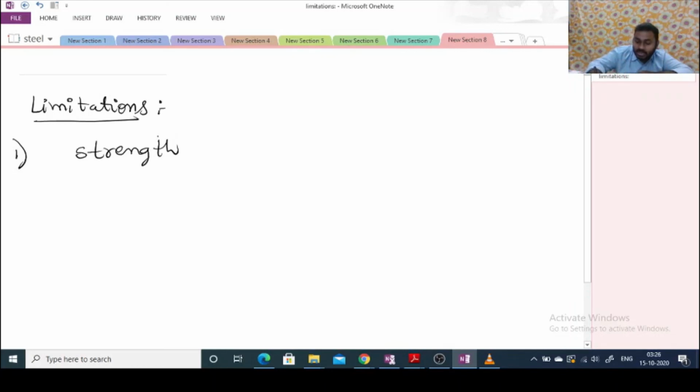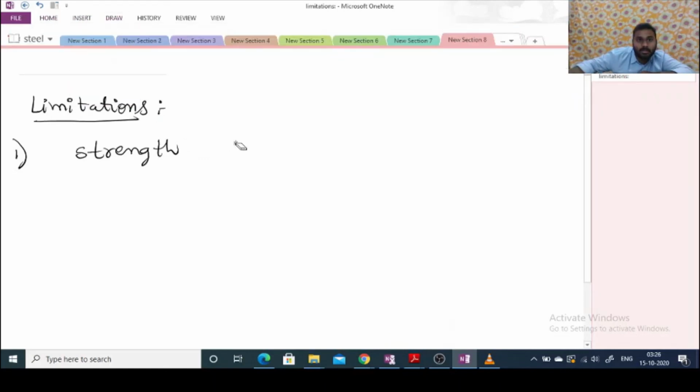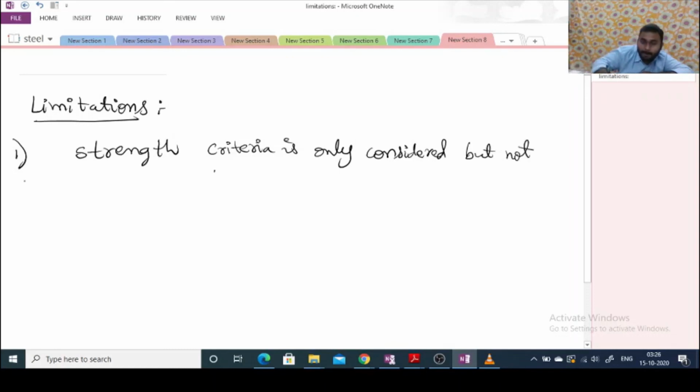Hence, strength criteria is only considered, but not serviceability.